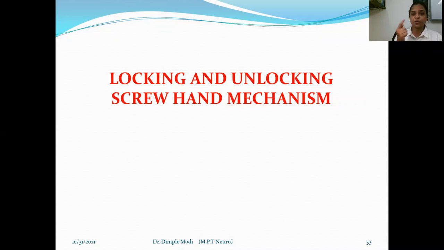Now we have to move the limb from full knee extension into flexion. So what happens to initiate knee flexion? The knee joint has to be unlocked. Only when there is unlocking can you go for knee flexion. So what happens in the unlocking mechanism? The laterally rotated tibia will not be able to flex easily, but has to rotate medially also.